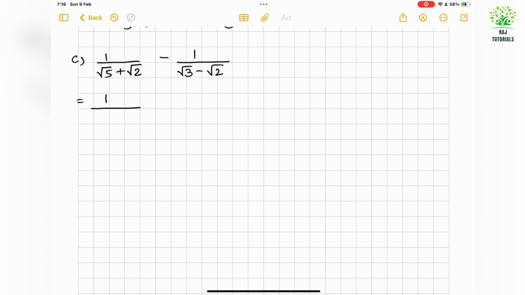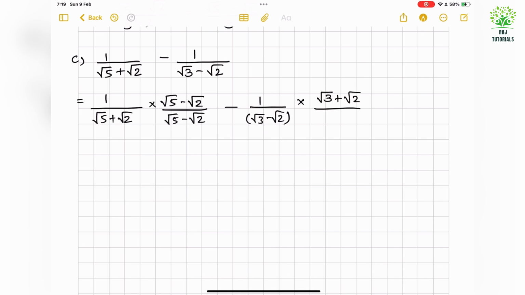So 1 upon root 5 plus root 2 into root 5 minus root 2 upon root 5 minus root 2, minus 1 upon root 3 minus root 2 into root 3 plus root 2 upon root 3 plus root 2.